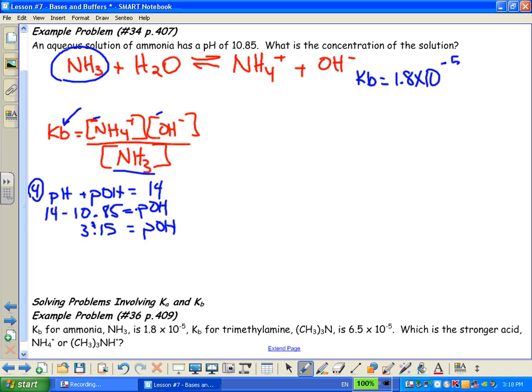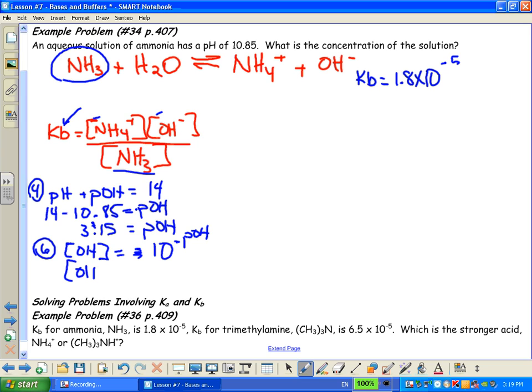So with that pOH, we can use that to find our hydroxide ions. Looking back, remember the equation, I think it was equation number 6. So in equation 6, the concentration of OH- is equal to 10 to the negative pOH.